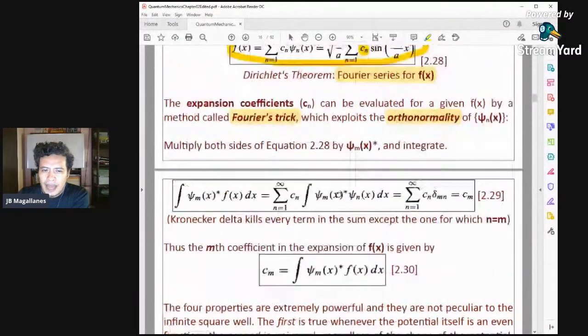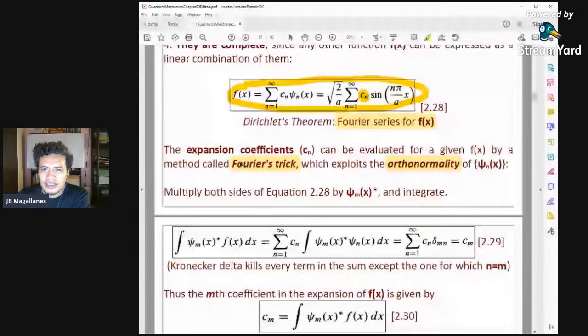So how do we get Cn here? We can get Cn by multiplying both sides with phi m star.